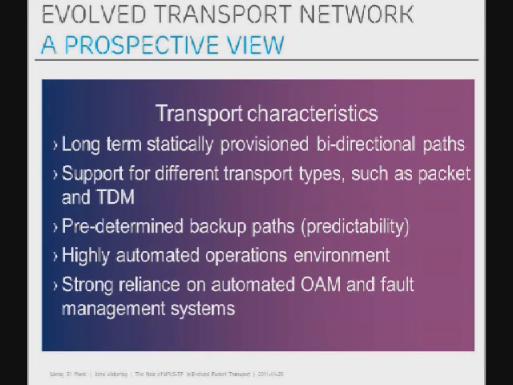One of the transport characteristics we take from today's optical and SDH and SONET infrastructures is that they are statically provisioned and use bidirectional paths. Today's infrastructure is also carrying multiple different types of traffic, like TDM or packet traffic.